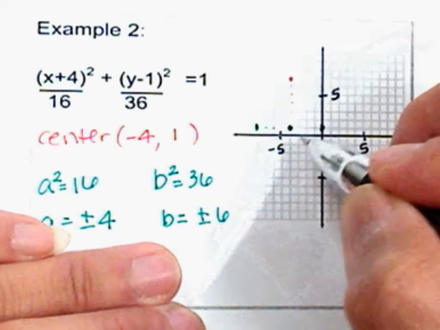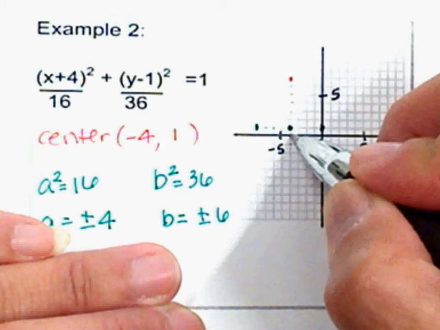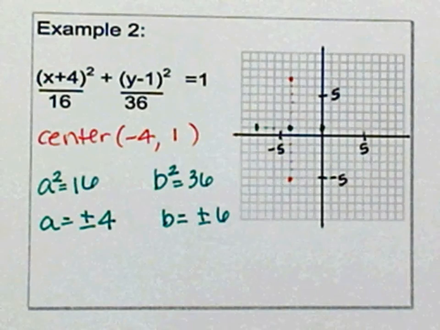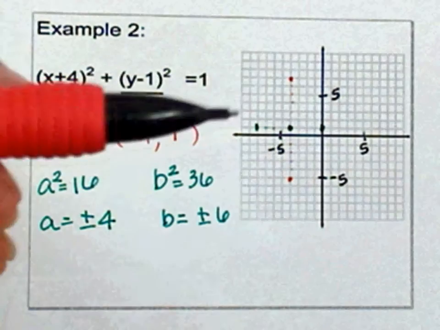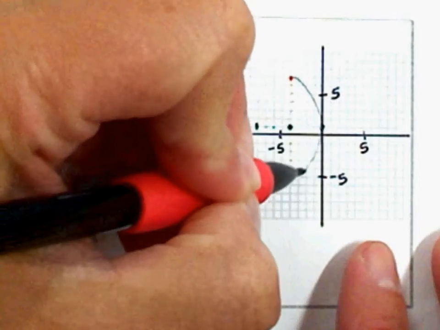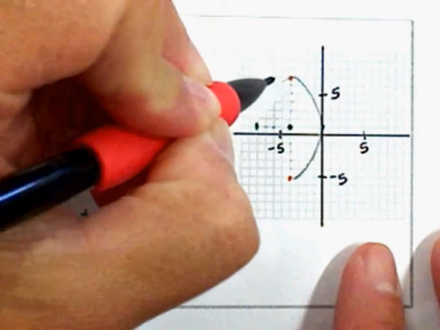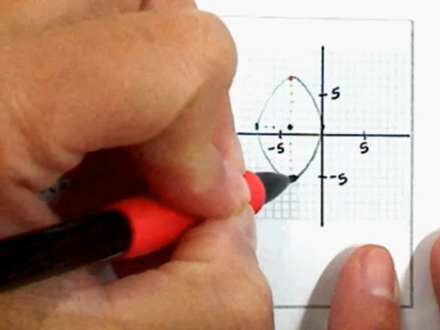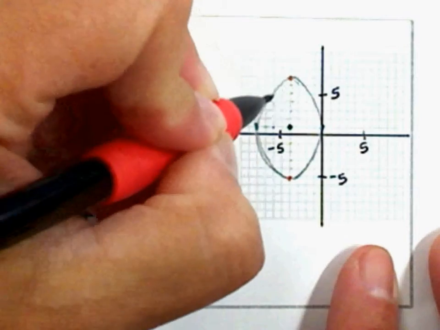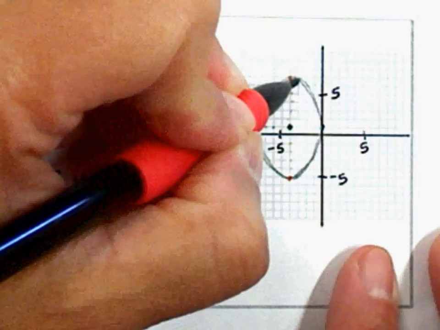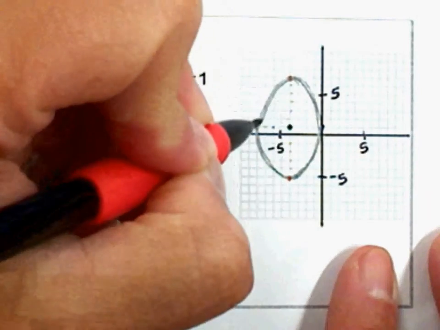As you can see, you have the shape of an ellipse. Mine is not perfect, but just give it a curve. Make the best oval that you can. And there you have it.